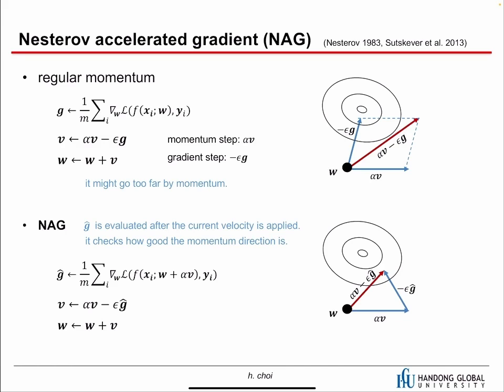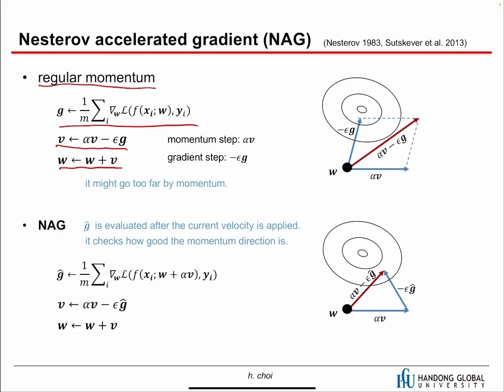But in theory, it's more attractive. Let's talk about the regular momentum first. The gradient is the average of the gradient of the mini batch, the velocity is defined by this, and this one is the parameter update.